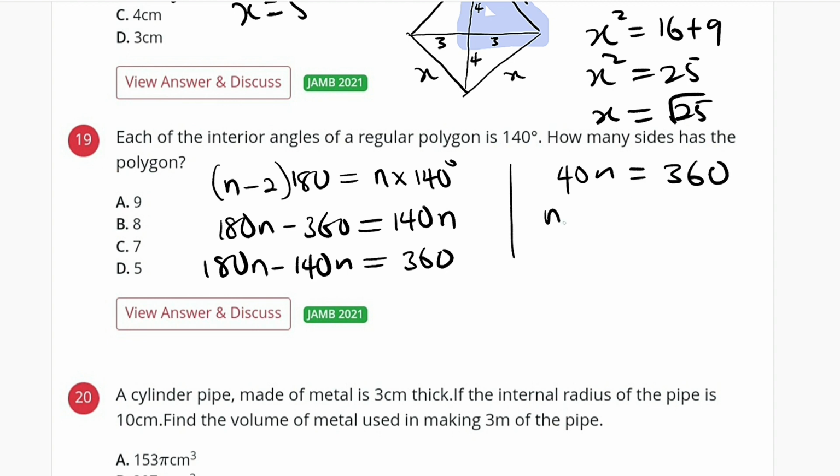Divide both sides by 40, n is equal to 360 divided by 40, we have 9. So option A. That polygon with 140 degrees each interior angle has 9 sides.